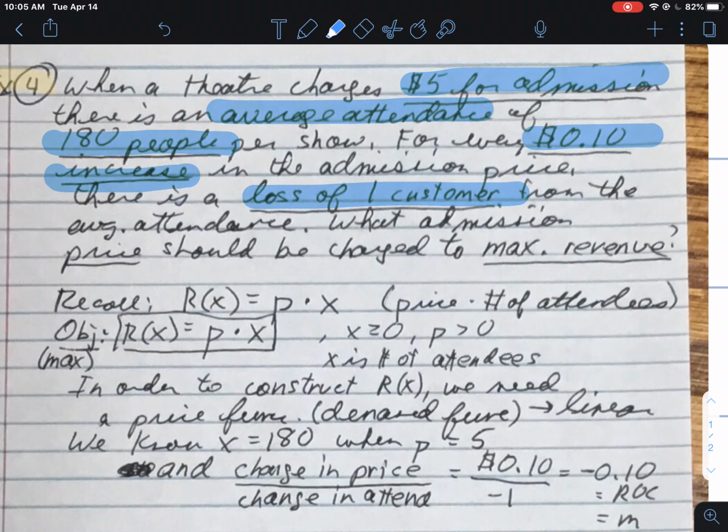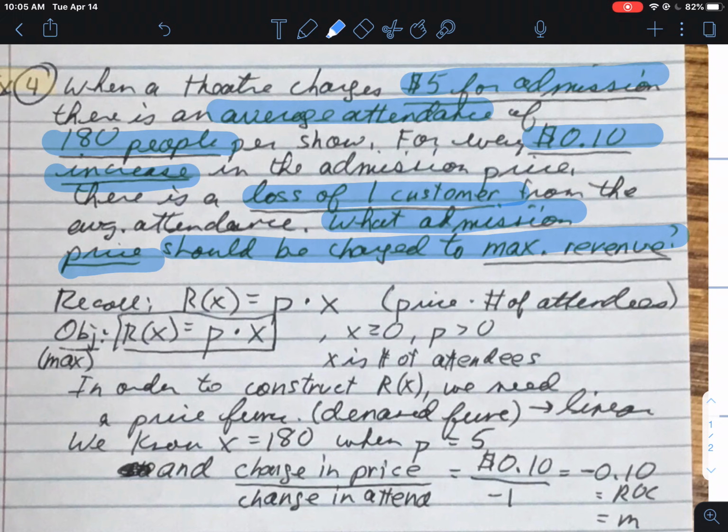So the average would go down to 179 per show. So an increase in price obviously would lead to a decrease in the number of ticket sales. Our question is, what admission price should be charged to maximize the revenue?